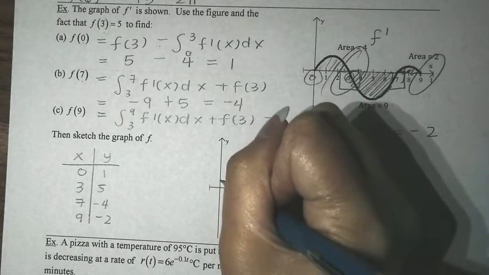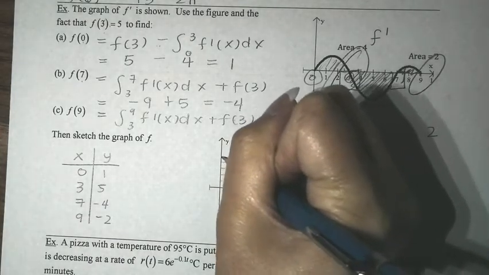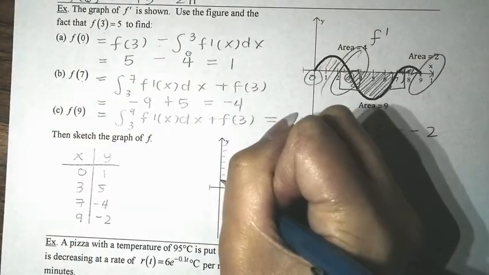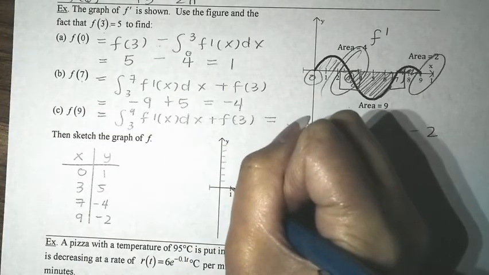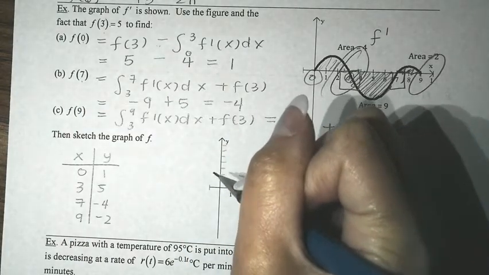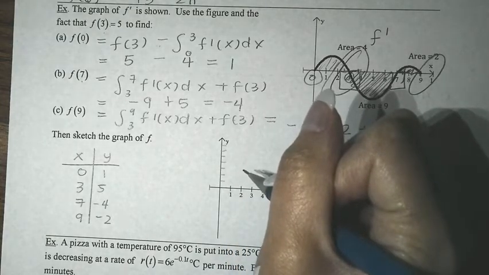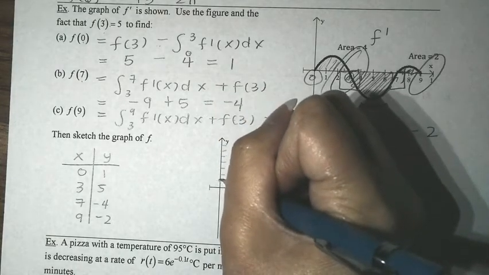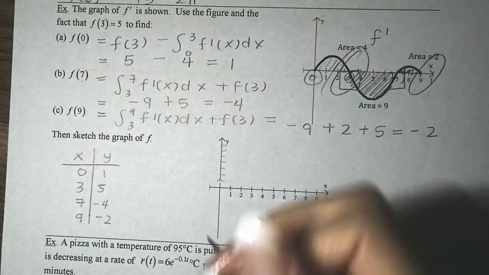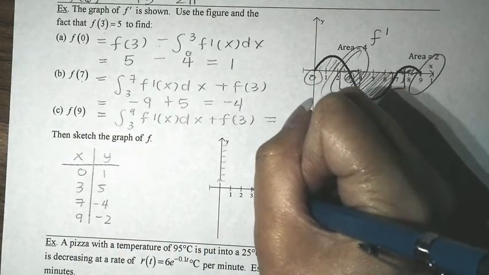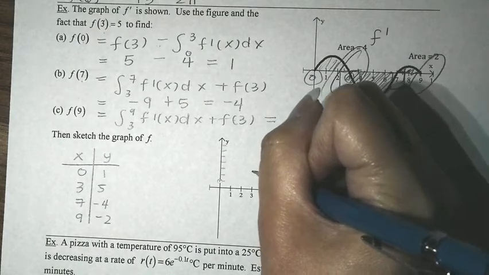So I have 1, 2, 3, 4, 5, 6, 7. I start with 0, 1. Then we have 3, and it's going to be 5. So 1, 2, 3, 4, 5.